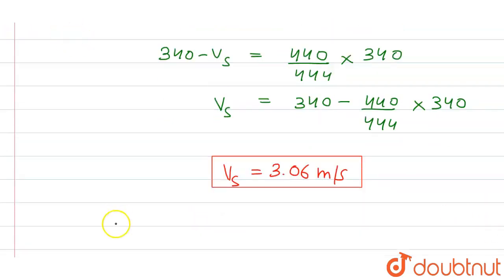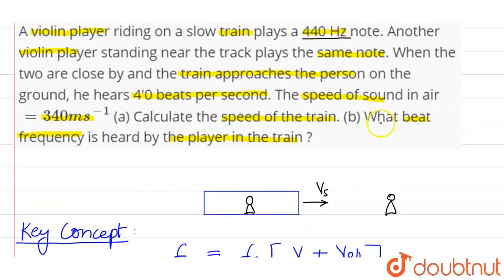Now in the second part, we need to find the beat frequency heard by the player in the train. The two frequencies heard by the player are the frequency of the violin he is playing and the frequency of the violin the other player is playing. For this observer, the source is approaching, because in his reference the source is approaching towards him.